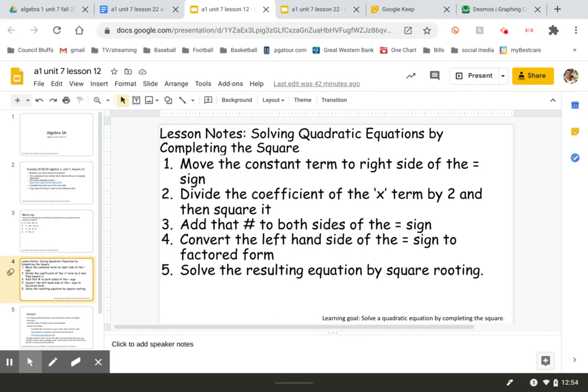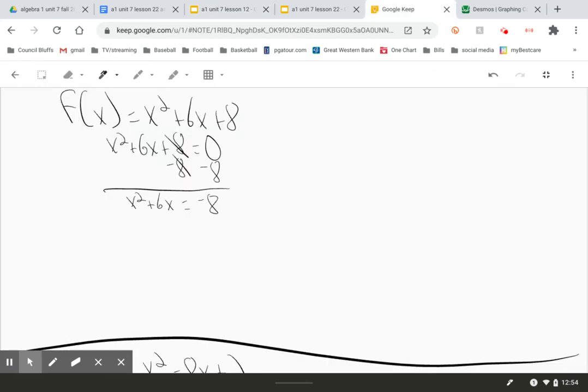Divide the coefficient of the x term by 2 and then square it. So in this case, that coefficient is 6. 6 divided by 2 is 3, and then square it, which is 9.